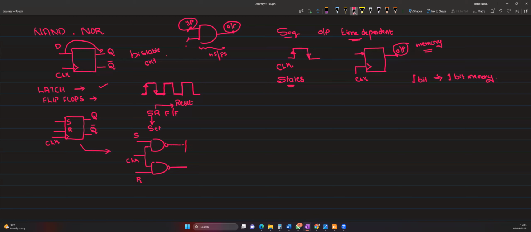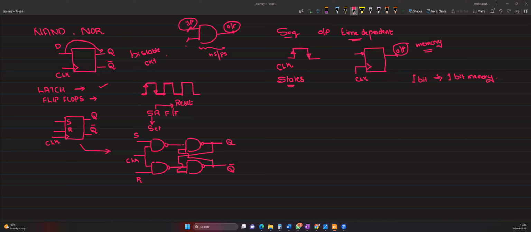This output is fed to another NAND gate, and this output is fed to one of the NAND gates. So the output of this NAND gate will be connected to an input of this NAND gate, and another input of this NAND gate is connected to the output of this NAND gate. So this is Q, this is Q bar.